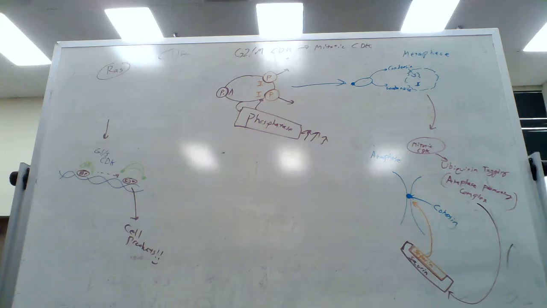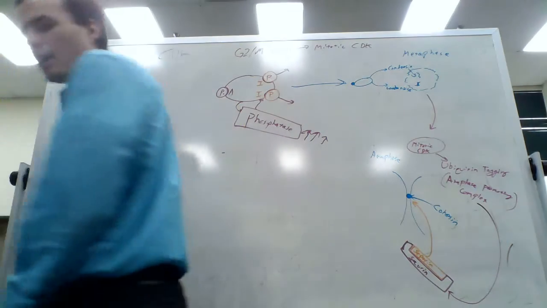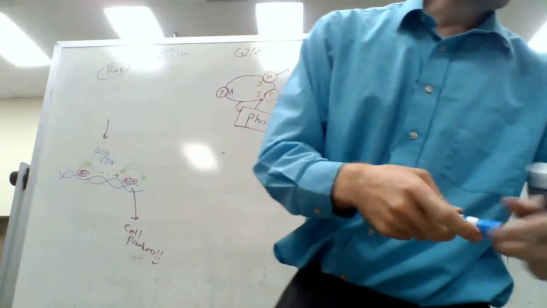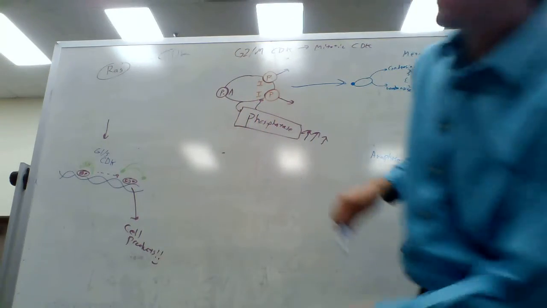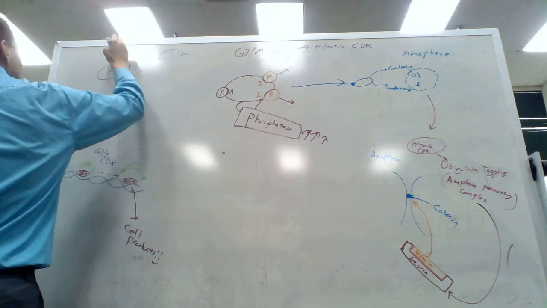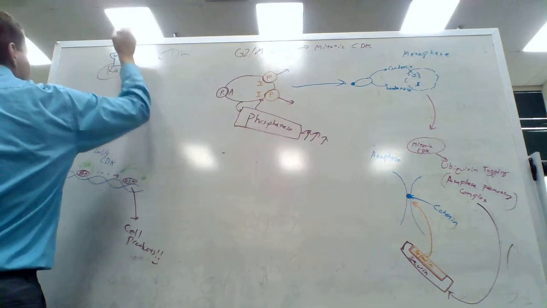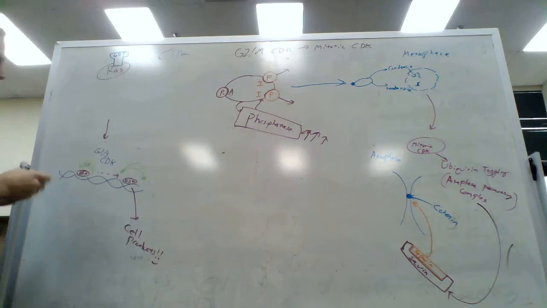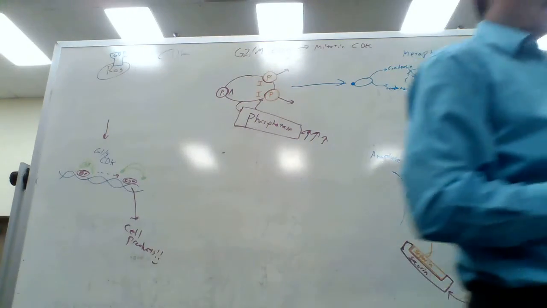Now, the Ras protein is usually off based on having a bound, is that a D, GDP? GDP. And as long as that is held in there, then it is inactive.